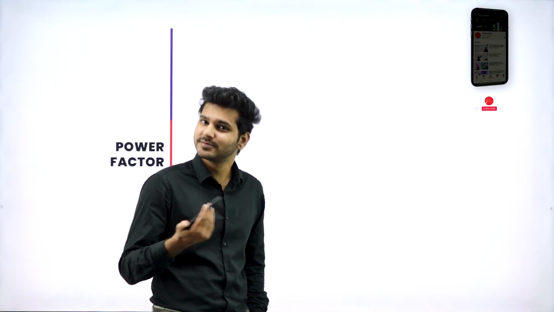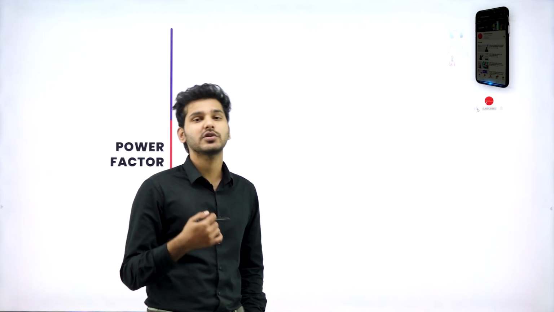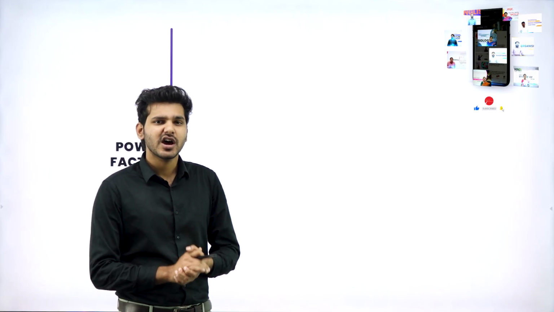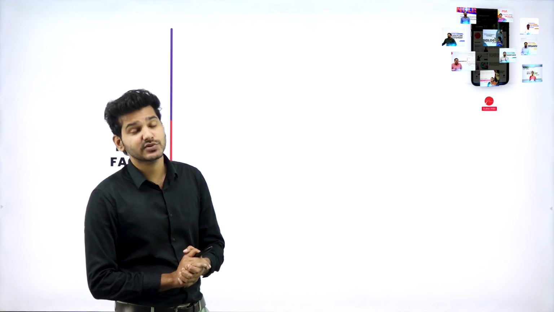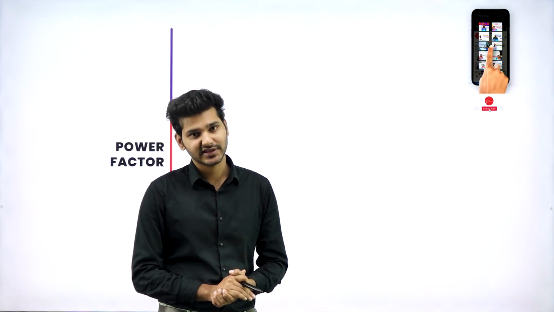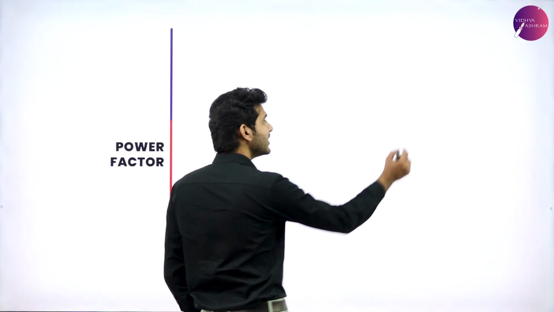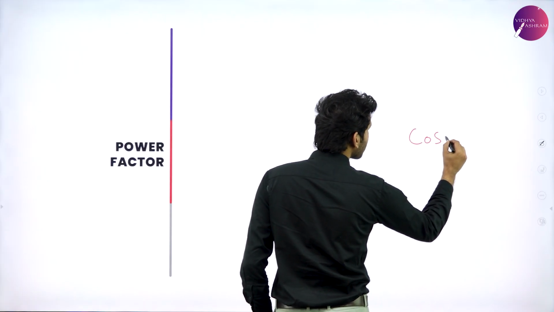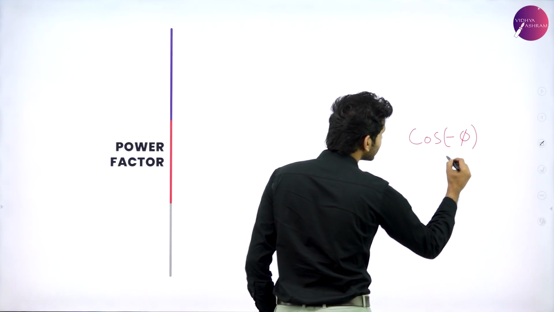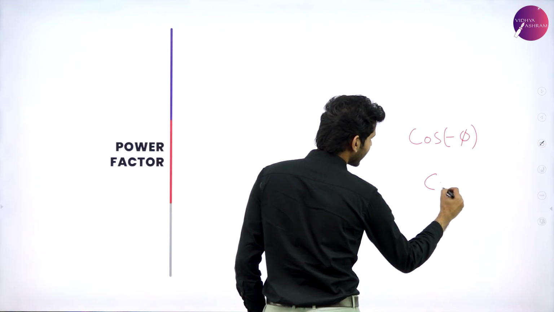Before actually getting into the real topic, that is a surprise. Before that, I wanted to tell you about a few minor points we left out in the previous derivation. One common doubt was how did cos minus phi in the equation suddenly become cos phi?